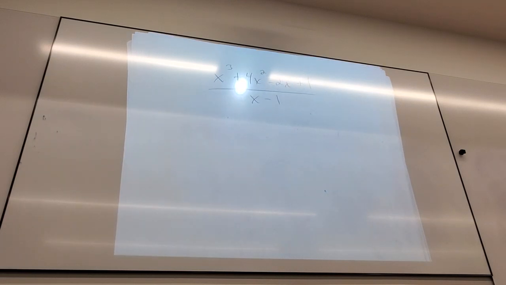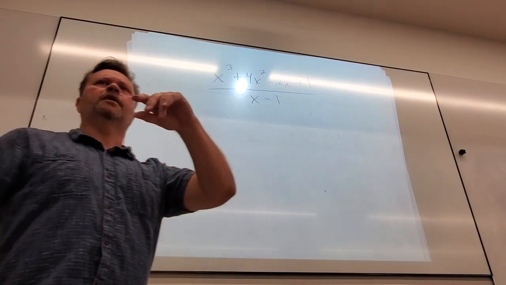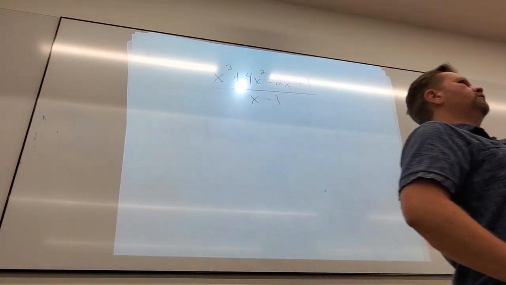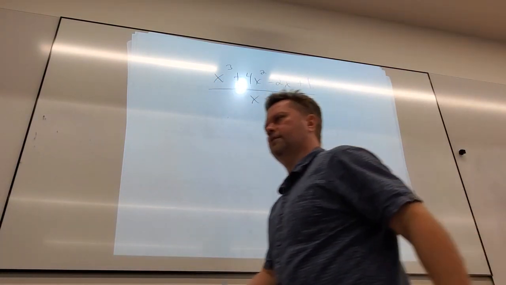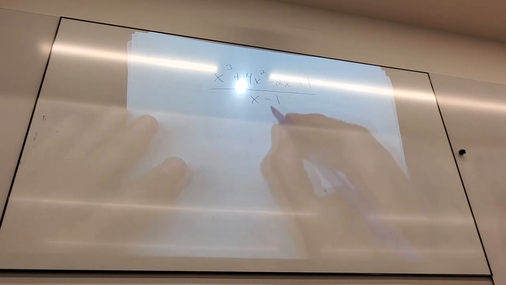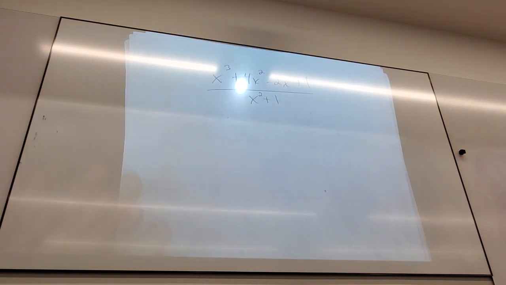Actually, you guys do this. Can you synthetically? What? Let me do this. So I have to do it long division. Let's do this. Make it x squared plus 1 on the bottom. There we go. Can somebody explain to me why you wouldn't want to use synthetic?